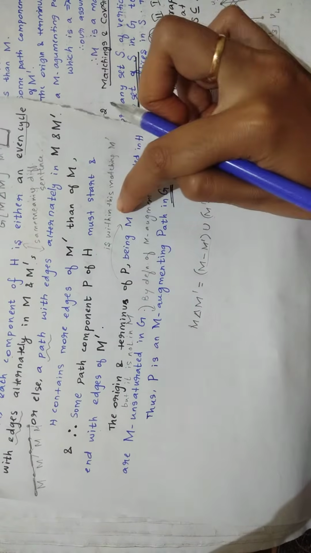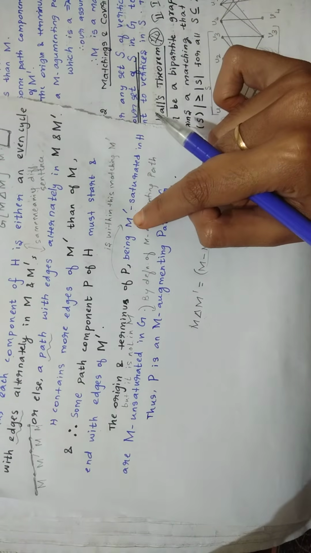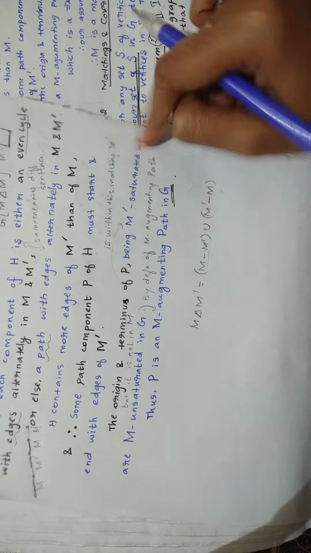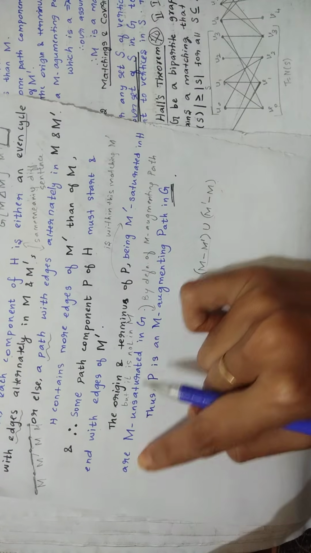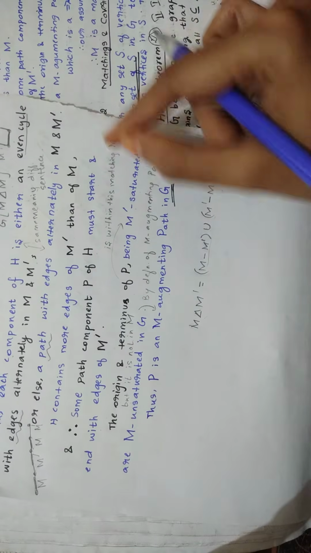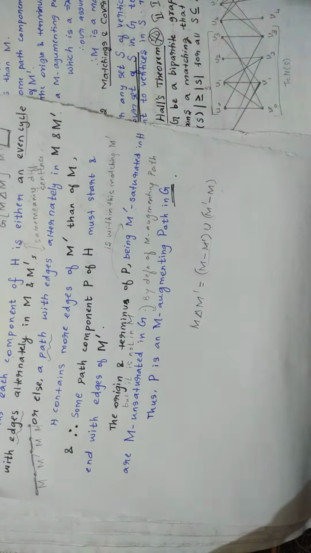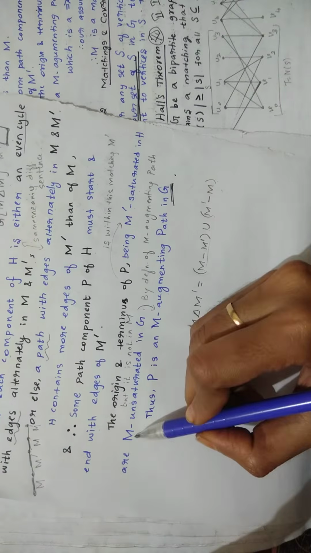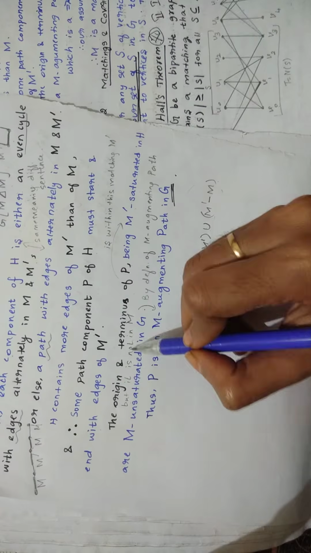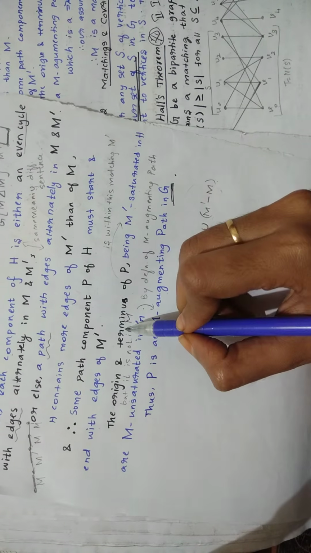Origin and terminus vertices are present in the M dash matching in H, but that origin and terminus are M unsaturated in G. It means that they are talking about an origin and terminus, right?